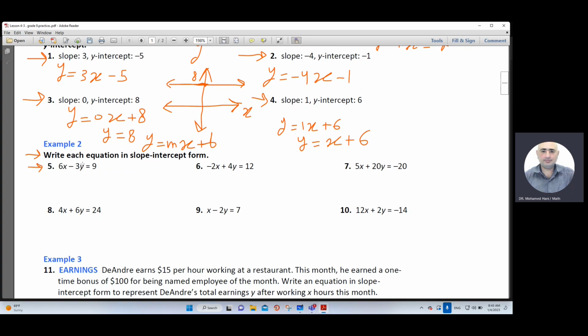So keep y on this side and try to remove 6x from this side. You can subtract 6x from the two sides: negative 6x from this side and negative 6x from this side. So 6x minus 6x will be 0, and remains here negative 3y equals 9 minus 6x. Then we can remove negative 3 from this side. How?